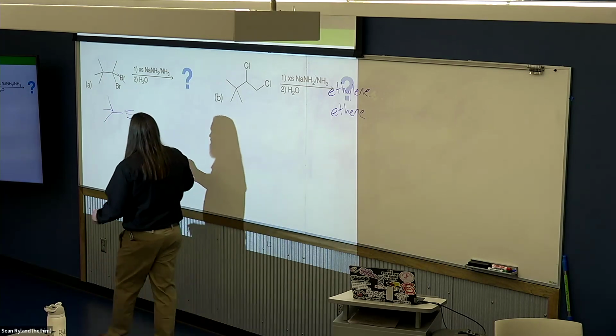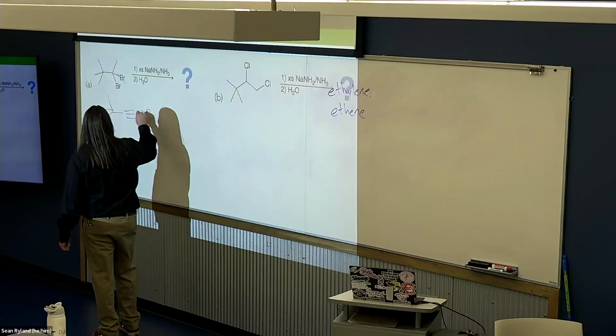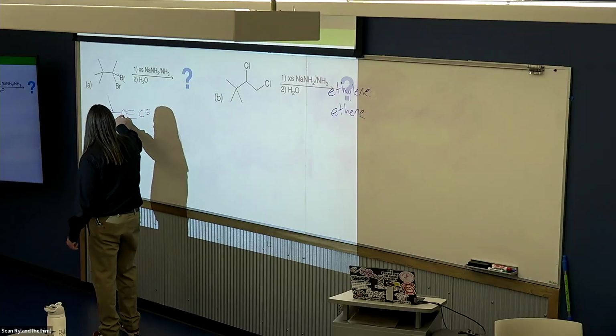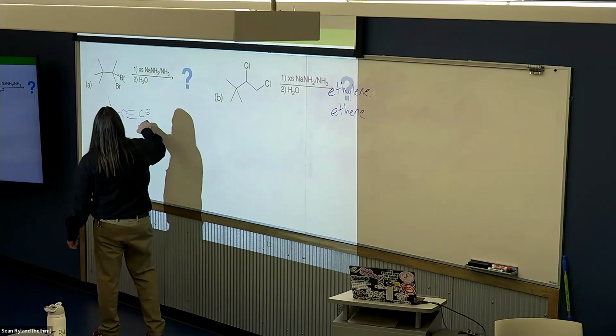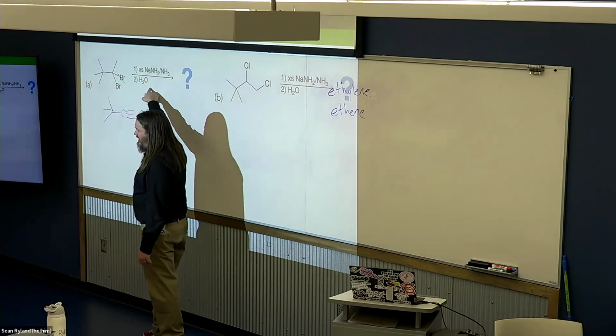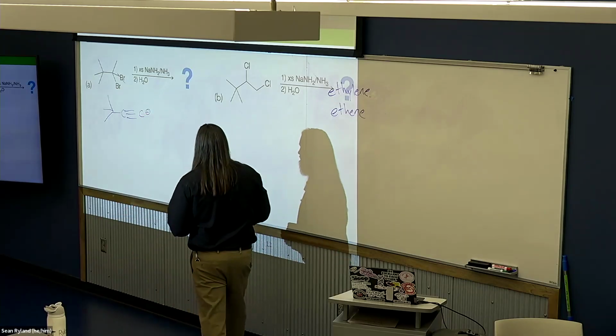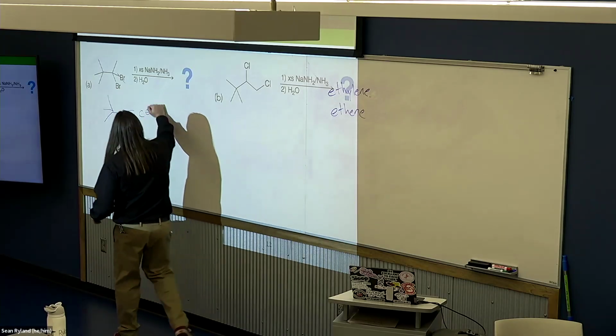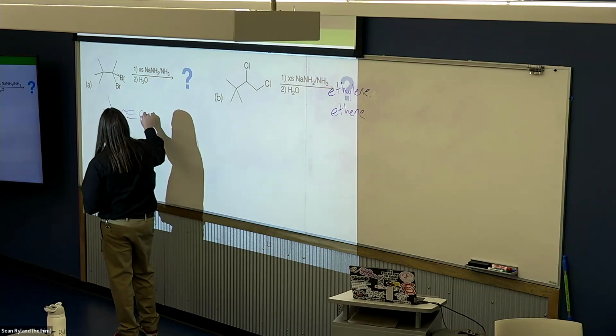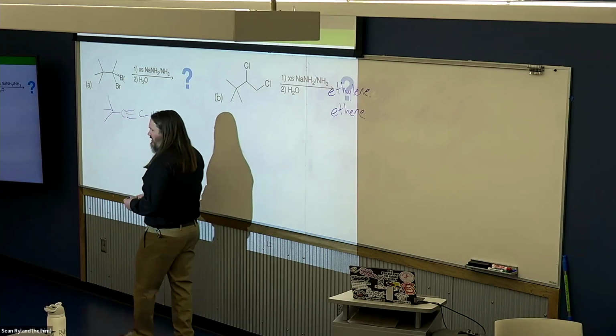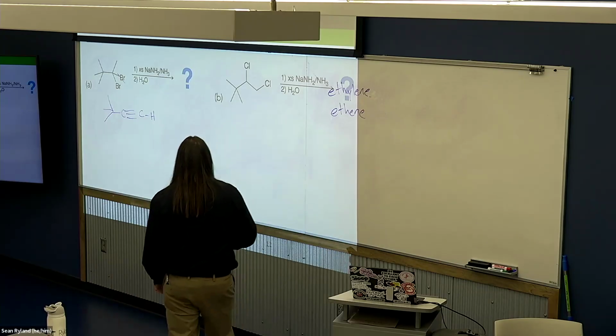So we actually make the intermediate here that looks like this. And then step 2 is just adding water so that we can protonate it. So our final product is going to look like that.